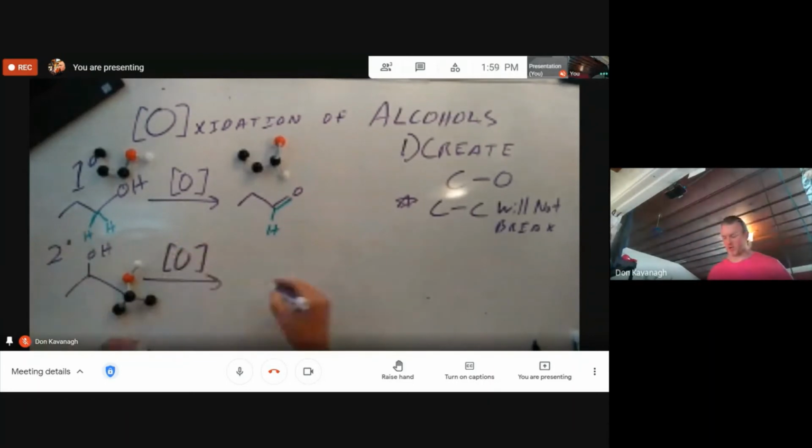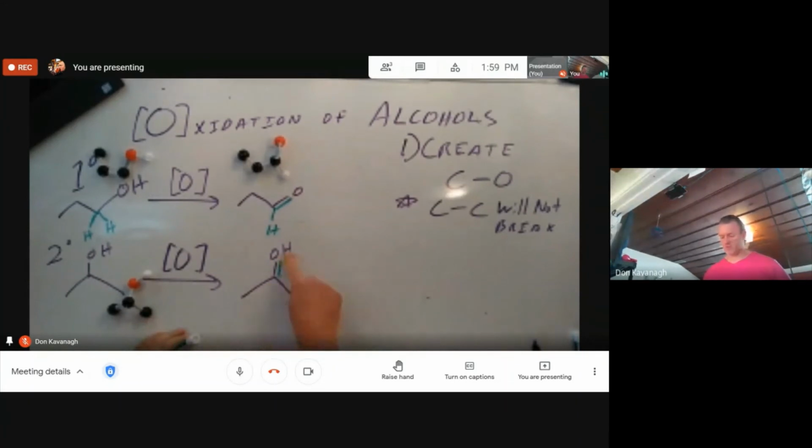So to predict my product, I'm going to redraw the starting material, so that way I make sure I have all my carbons and everything hooked up. Oxidation creates carbon-oxygen bonds, and then I go in and count it up. This carbon is bonded 4 times, nice. This oxygen up here is bonded 3 times.